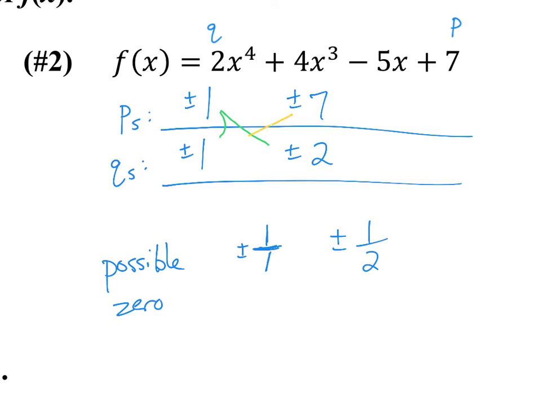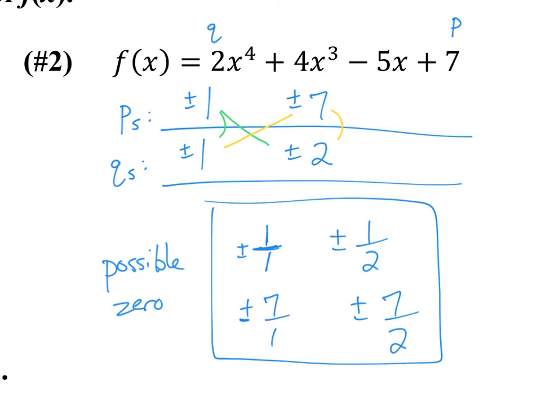Then you take the second P value and pair it up with the first Q, which would be 7 over 1. And then we have 7 over 2. So we have 1 over 1, 1 over 2, 7 over 1, and 7 over 2 as the possible zeros.